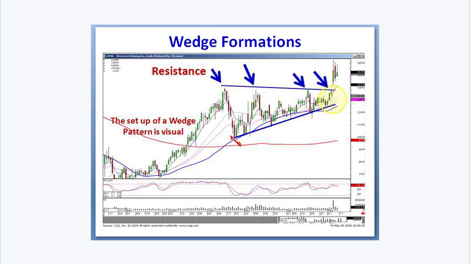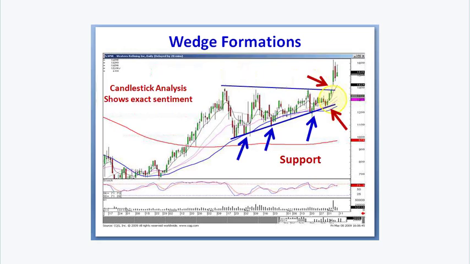So every time we see kind of a top, we can draw a line across there. That's pretty much obviously where the resistance level is. Same scenario on the bottom side. If we can draw a line up through the bottoms, well, we can see how this trading is starting to compress. Now what are we looking for? Either a breakout to this side or a breakout to this side.